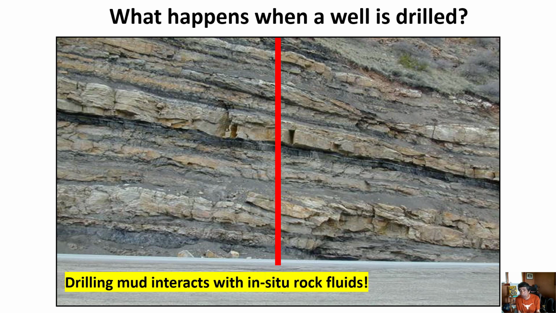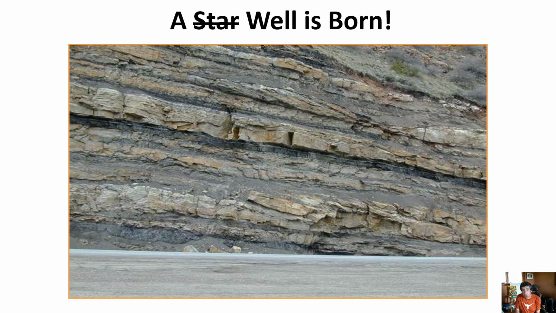So the fluids that we have in the mud now become in contact with the fluids that we have in the formation. And that contact gives rise to electrochemical interactions, and those electrochemical interactions are going to produce phenomena that are reproducible and measurable.